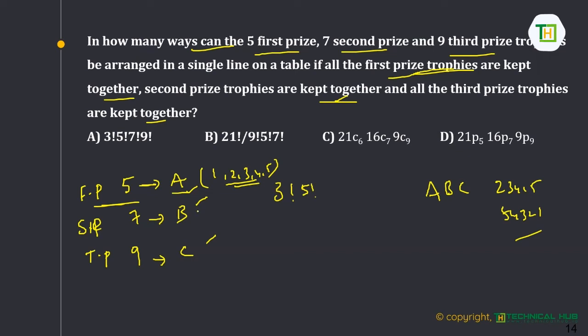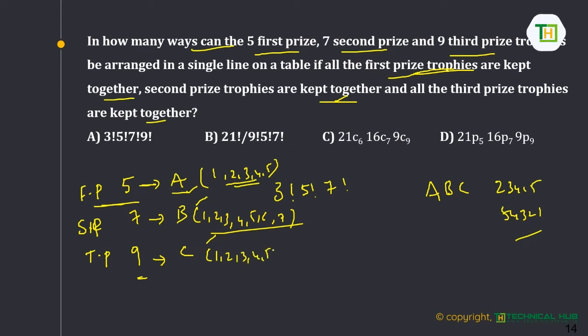Similarly, the second prizes are 1, 2, 3, 4, 5, 6, 7. So how many ways can I arrange these second prizes? 7 factorial. And similarly, in the third prizes, 9 are there. It means 1, 2, 3, 4, 5, 6, 7, 8, 9.